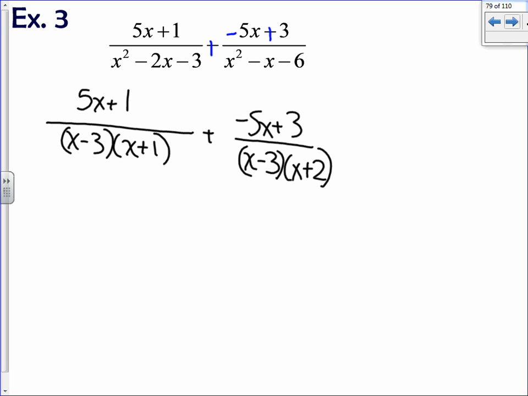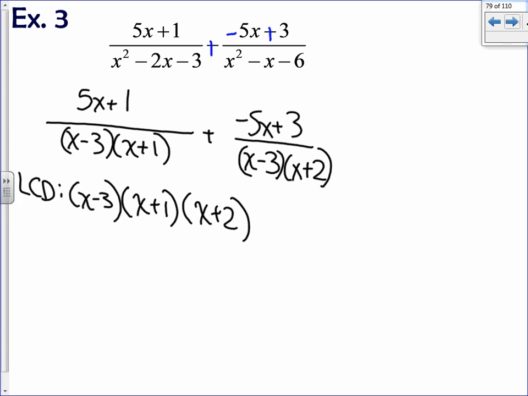And then my LCD is just going to be each of those factors. So you have x minus 3, the highest power of that is to the first, so you only need one of them. You only need one x plus 1, and you need one x plus 2, or x plus 2 to the first. Questions so far?